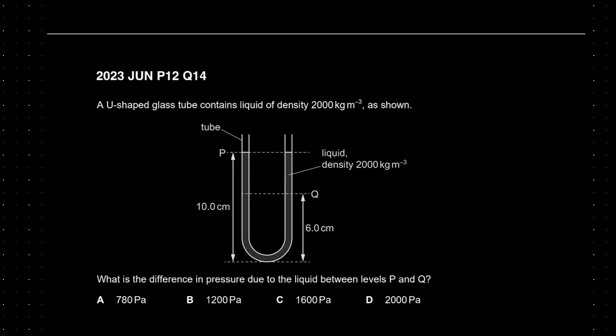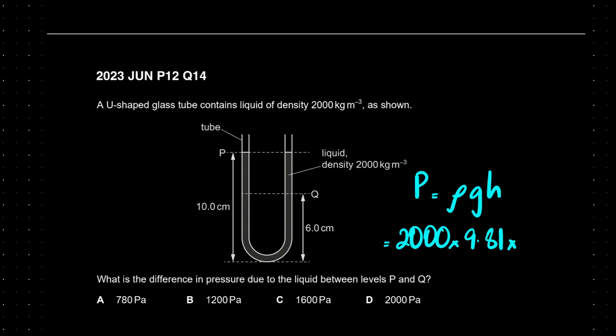All right, question 14. A U-shaped glass tube contains liquid of density 2000 kg per meter cube as shown. What is the difference in pressure due to the liquid levels between P and Q? So for difference in pressure, remember that you use rho g h for the liquid pressure. You have 2000 given, g would be 9.81.